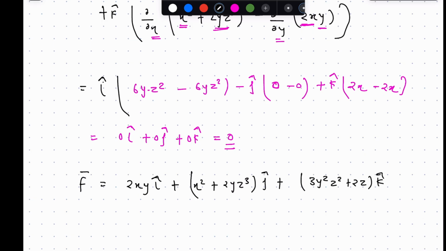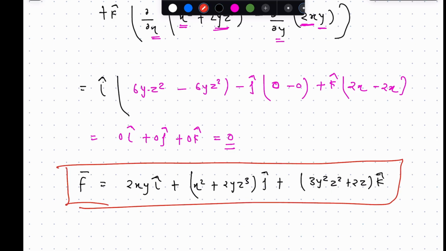I have it like this, right? So if I just look at this, can we say by any other method, if this force vector is given to you, that it is a conservative field or not?